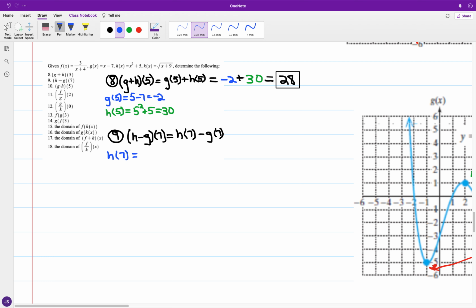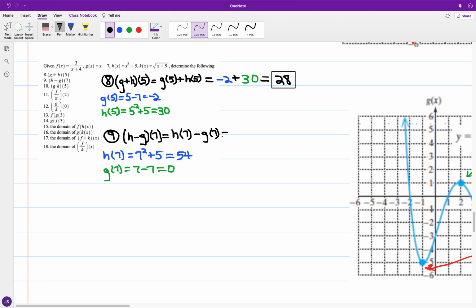So for h of 7, we have 7 squared plus 5. Now 7 squared is 49, and 49 plus 5 comes out to 54. As for g of 7, referencing g of x with x at 7, g of 7 is equal to 7 minus 7, and so that is going to be 0.